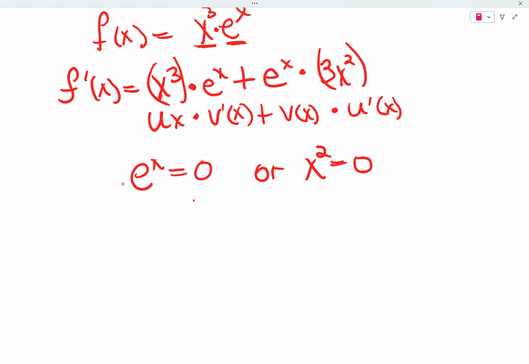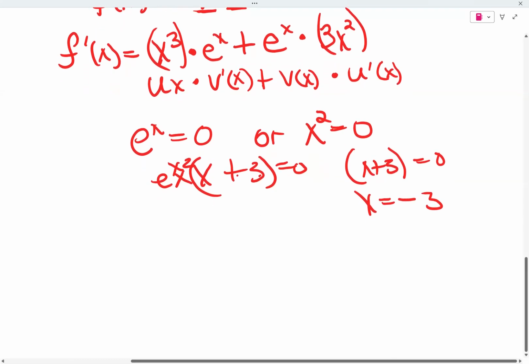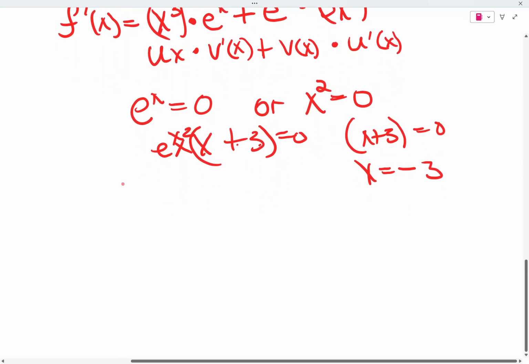Or another way we could look at it is if this is x plus 3, because if I take out e to the x times x squared, I can take out x plus 3, and so therefore another factor is x plus 3 equal to 0. So therefore another 0 for us is -3. So we do have to pay attention to those, the 0 and the -3.